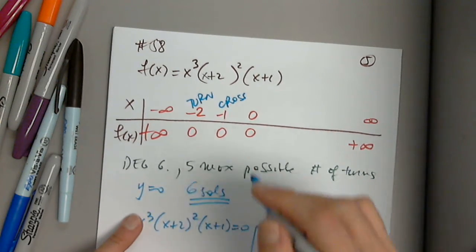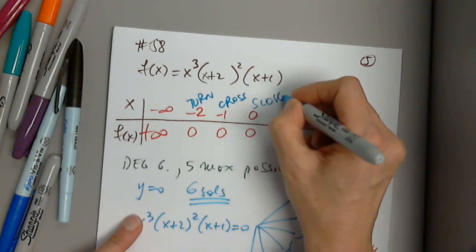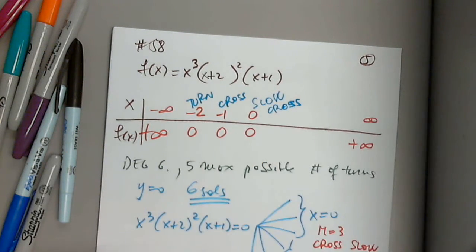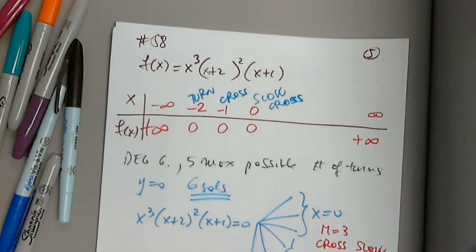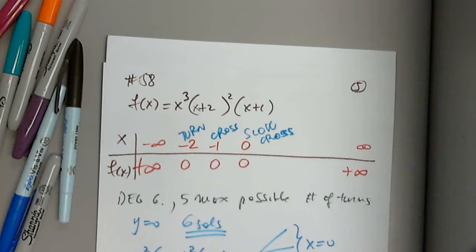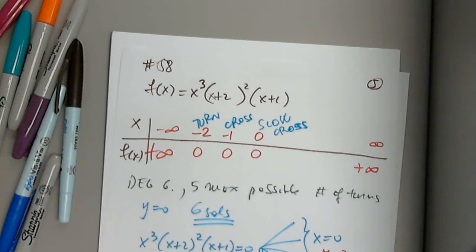And 0, 0 is a slow cross. Let's see what we come up with. Ready? That's all I care about. Obviously, it's not symmetric, and we'll determine the range and max min with the graphing calculator. You can find millions of points if you want to. There is no need.